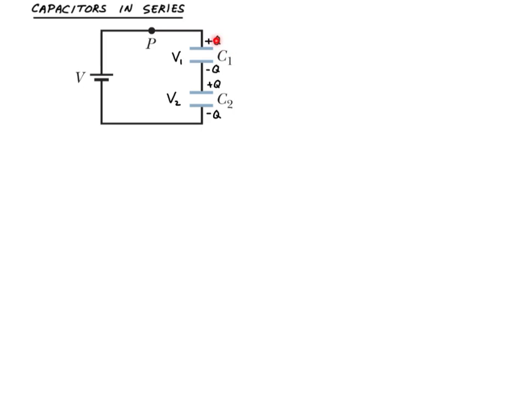On the other side, an equal but opposite charge will accumulate, minus Q, and to conserve charge, there should be positive Q on this side of C2, and likewise, an opposite amount of charge, minus Q, will accumulate on the other side of C2. So we have the same charges, but across each capacitance there will be different voltages for the same charge accumulation. Thus, the rule for capacitors in series is that you have the same charge but different voltages.